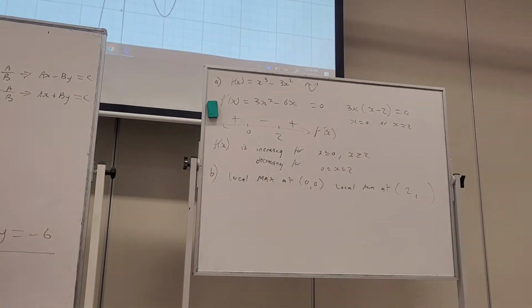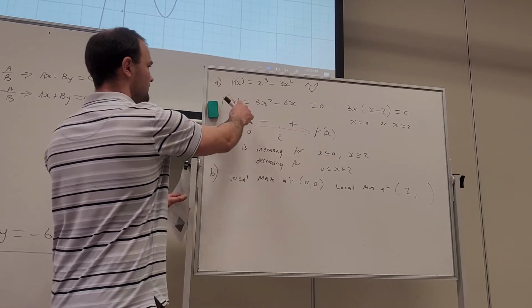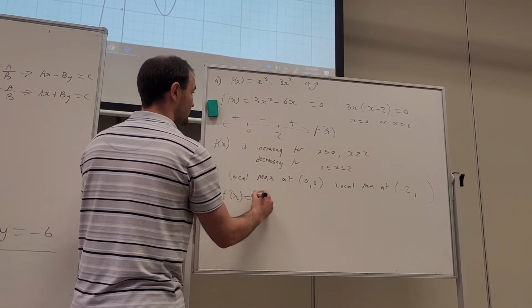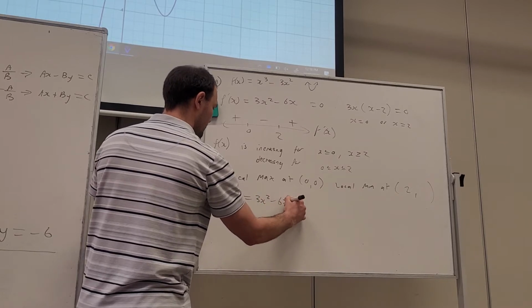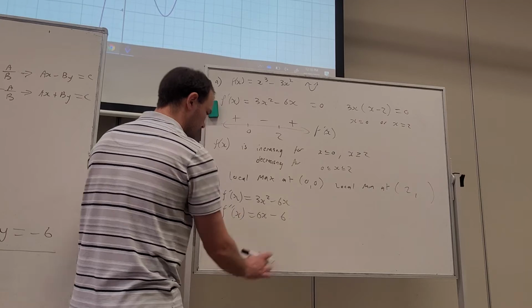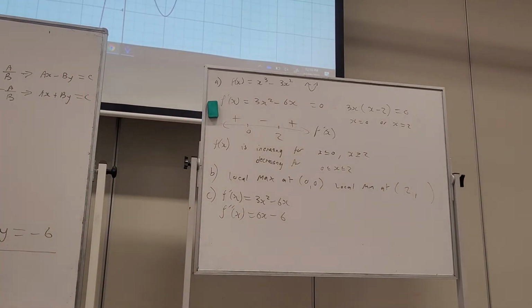Alright, find when it's concave up and concave down. So for this, we need to draw the sine diagram of the second derivative. So if this is f dash of x, let's make that statement here, f dash of x is 3x squared take 6x. That means f double dash of x will be 6x take 6. It's the equation of a line.